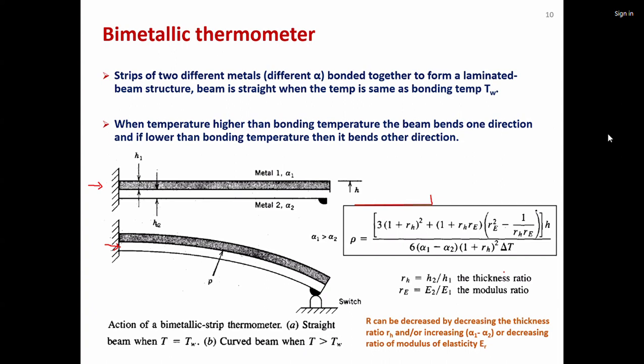As you can see from this expression, as RH increases, the radius of curvature decreases. That means you can have a very tight radius. Okay, it will bend more. And also, if you increase alpha 1 minus alpha 2, the thermal expansion coefficient difference, then also the radius of curvature is going to be smaller. That means it's going to be bent more. And thirdly, of course, if the temperature is higher, then the radius of curvature is going to be lower.